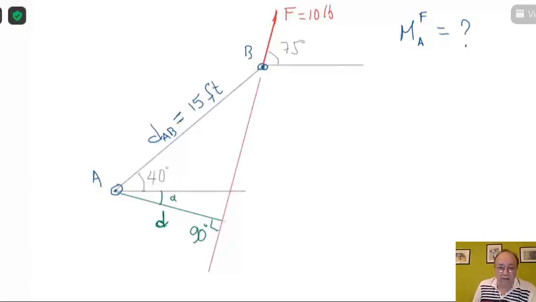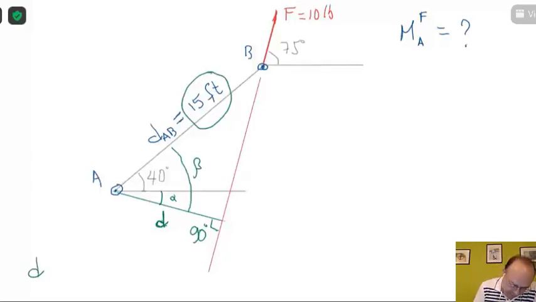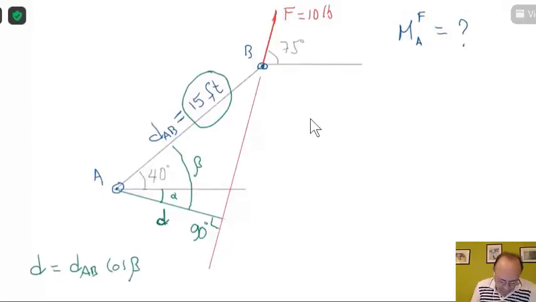If we get this angle alpha, then 40 plus alpha will be the angle that we can use in order to multiply 15 feet. Cosine of this beta will give us the D. This distance will be equal to DAB cosine beta.